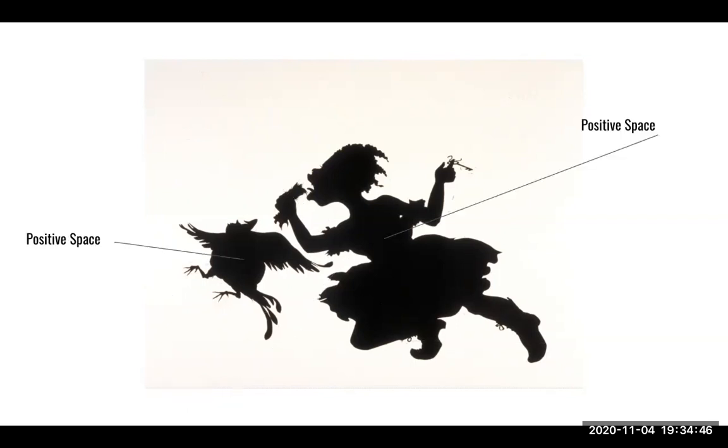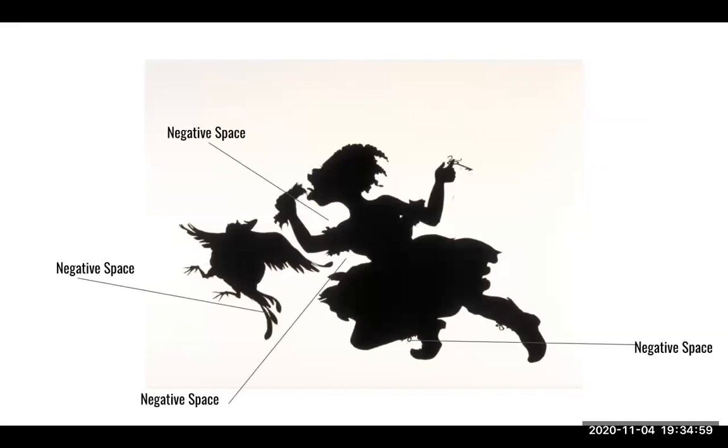What's really cool to break down when you're looking at Kara Walker's work is that the positive space are these shapes, but the negative space is so important in defining the positive space as well. And I find that the negative space has a very interesting shape.